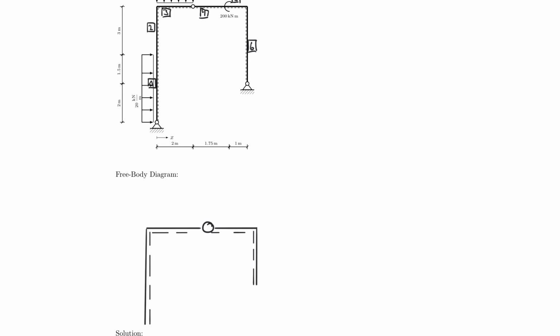And now I need to bring in my forces. So you see, drawing a free body diagram for a hinged frame is no different than it is for a beam. And of course I cannot forget my concentrated moment.